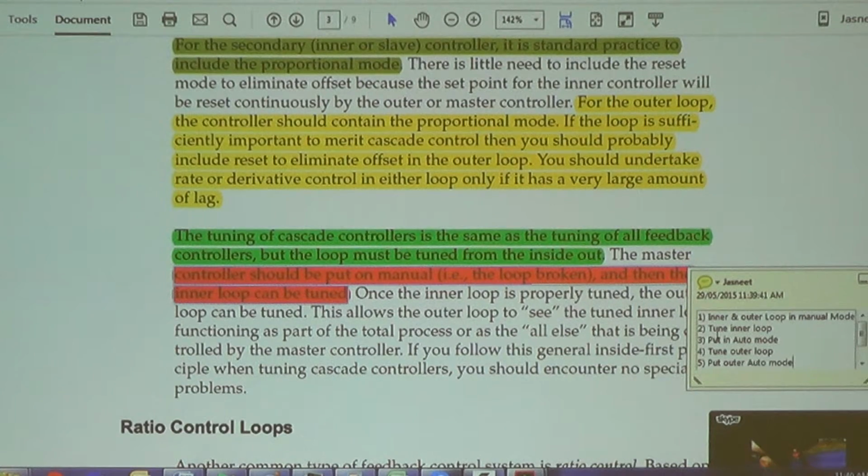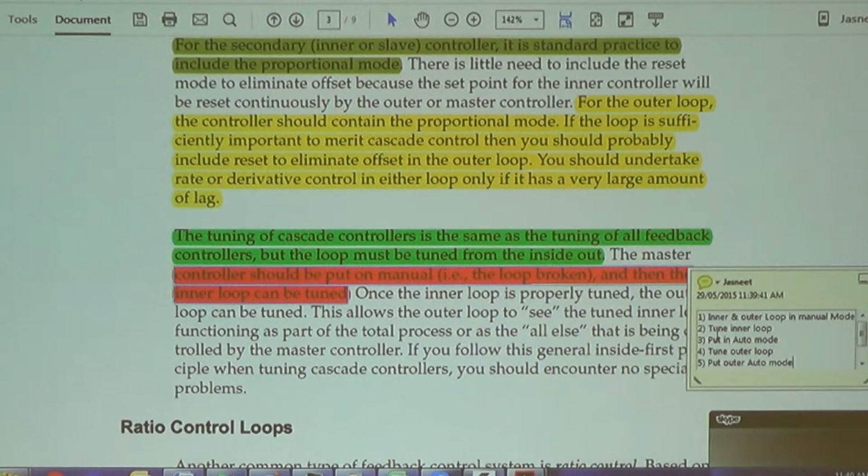Normally they would ask, how do you tune your cascade control loops? Tune your inner loop, put it in manual mode, then tune your outer loop.